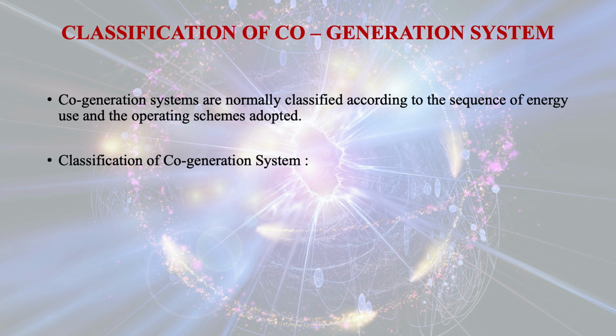Now WP is the total net work by the 3 pumps. That is equal to WP1 plus WP2 plus WP3, because there are 3 pumps.